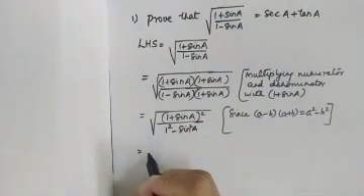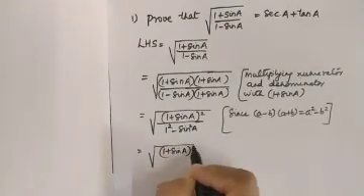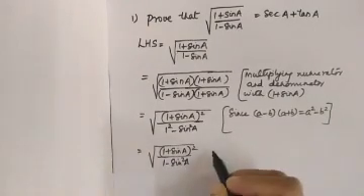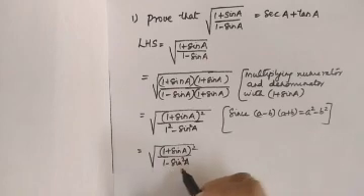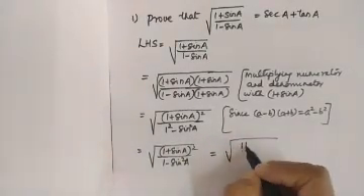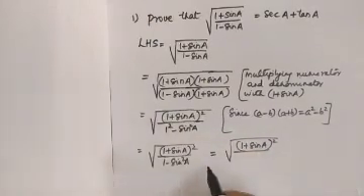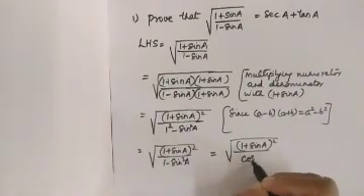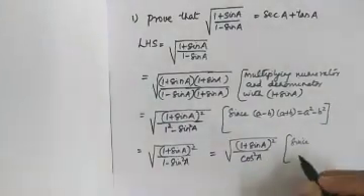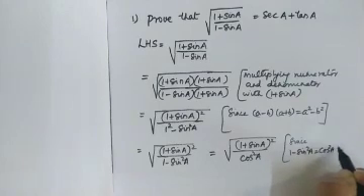Now this is equal to square root of (1 plus sin A) the whole squared by 1 minus sin squared A. 1 squared is 1, so 1 minus sin squared A. What is 1 minus sin squared A? It is cos squared A. Reason is 1 minus sin squared A equal to cos squared A.